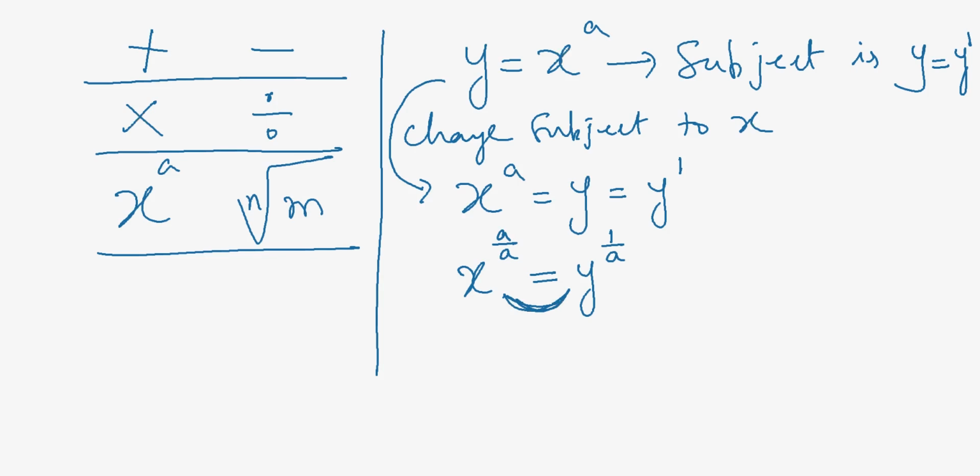Are you with me? Yes, uncle. Okay, so this a and a we did purposefully to make the power 1 for the x. That makes us y raised to the power of 1 over a. The other way of representing this is the a-th root of y. Are you with me? Yes.